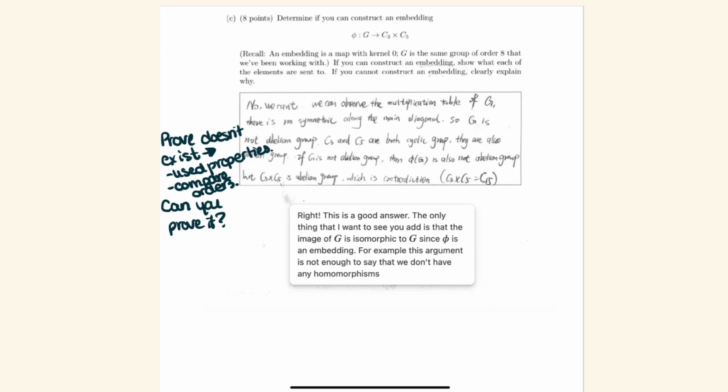If we approach it using orders, which is the way that I thought of it, we know the order of G is equal to 8, and the order of C3 cross C5 is equal to 15. So if it's an embedding, that means that it's a map with kernel 0.